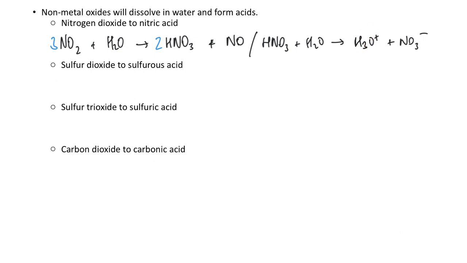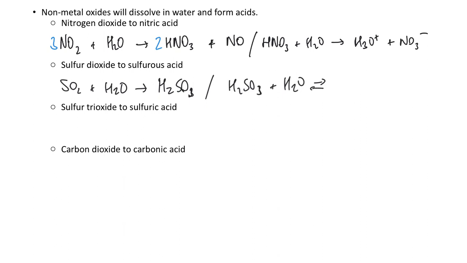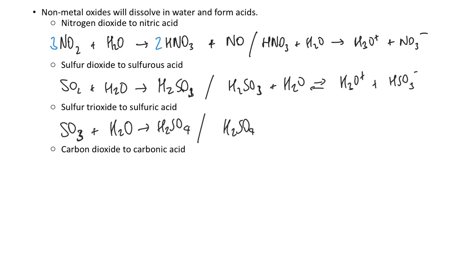Next is the sulfur dioxide, so SO2 plus H2O goes to H2SO3, okay, and then the H2SO3 plus a little bit of water will go to, and because this is a weak acid, it will come back as well, to H3O+ and HSO3-. Okay, sulfur trioxide as well will be absorbed in water to form sulfuric acid, and that can be shown in a hydrolysis equation here as well.